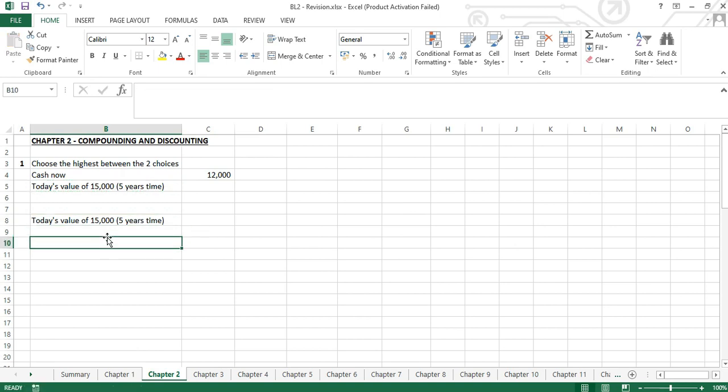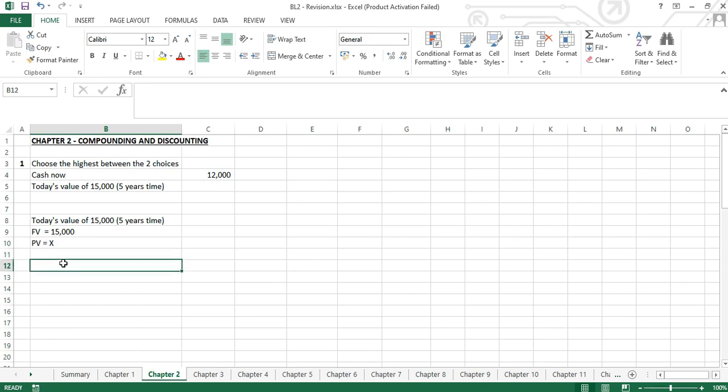We know 15,000 is the future value, which is obtained by compounding, and the present value is obtained by discounting, which is what we need to find. We can name it X or present value, it doesn't matter.